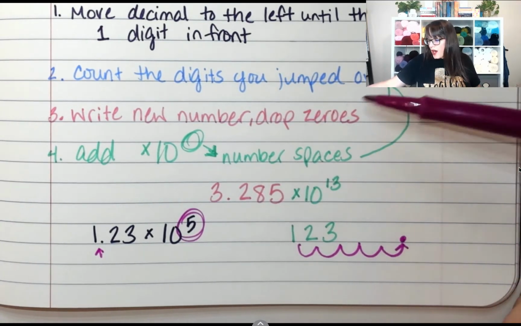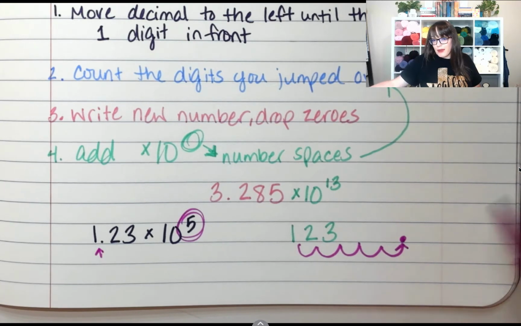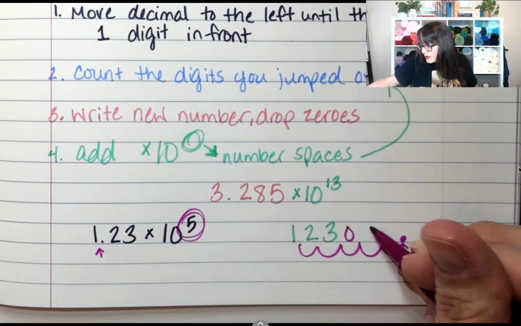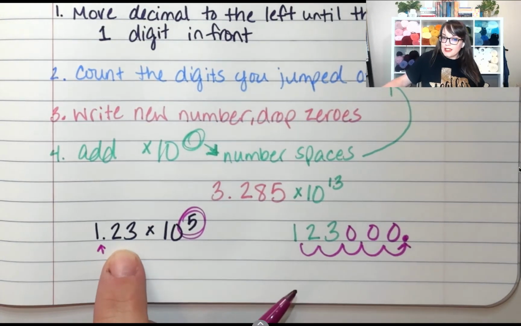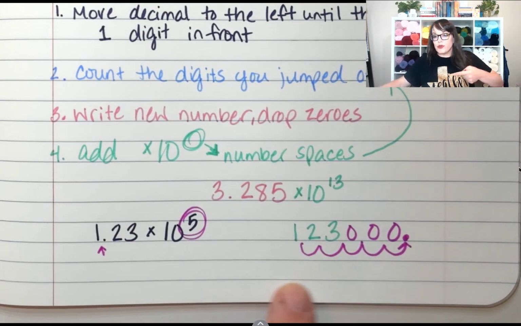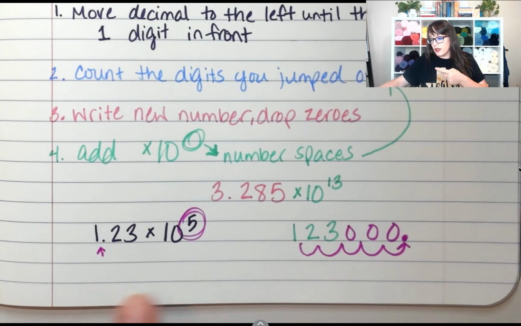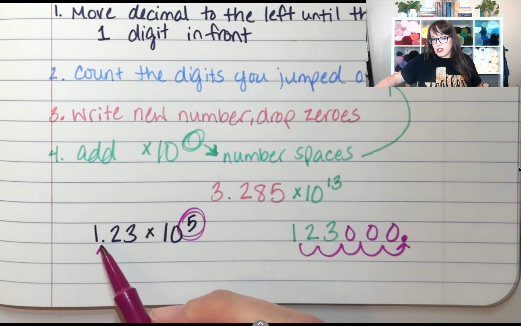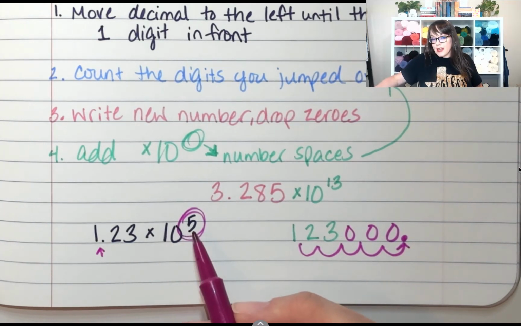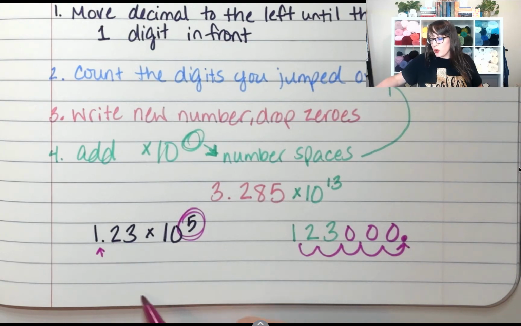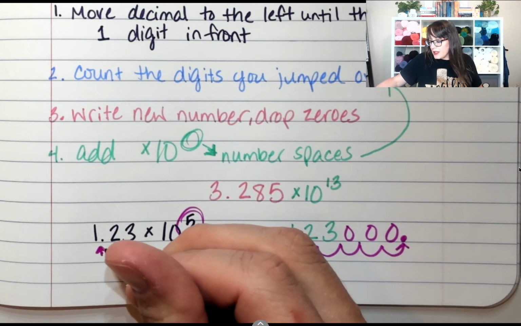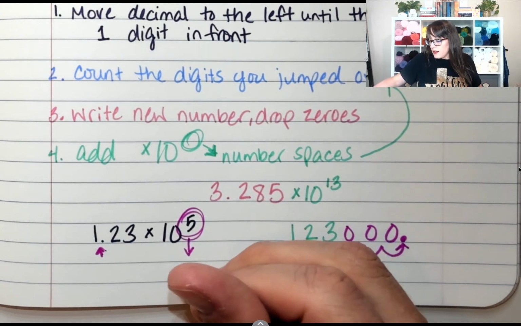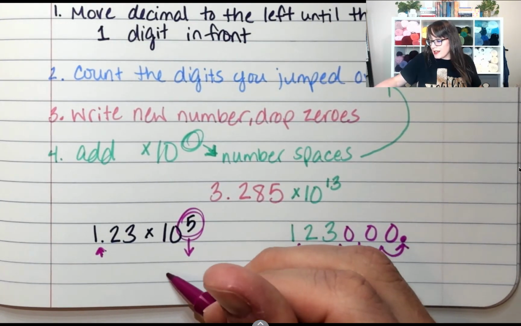And where I dropped the zeros, I'm going to add zeros. So to go from scientific notation to standard notation, I take this digit, which is how many spaces I move the decimal to the right.